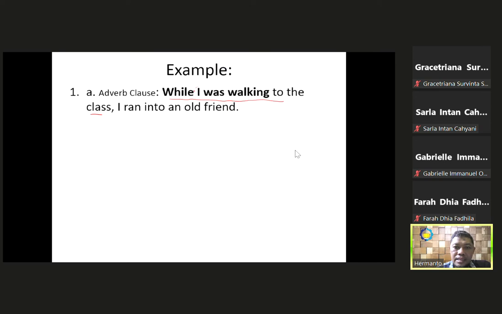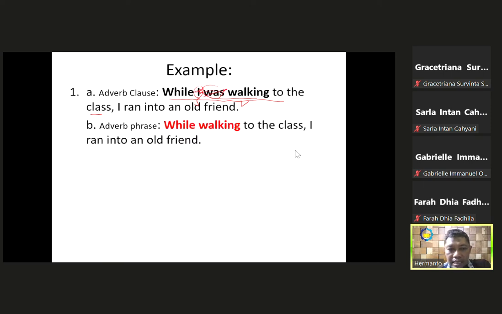The subject is I, and the predicate is was walking. Since there is a to be here, you remove was and the subject. And what you get here: "While walking to the class, I ran into an old friend."